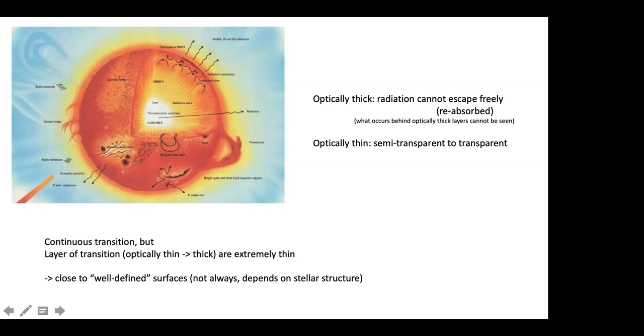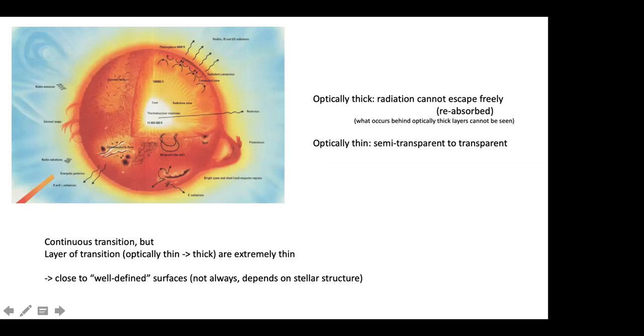And this is why you have something like an abrupt change. And this is why when you look at the Sun, what you see actually is a disk that you can consider the last, in the radial sense, optically thick layer.